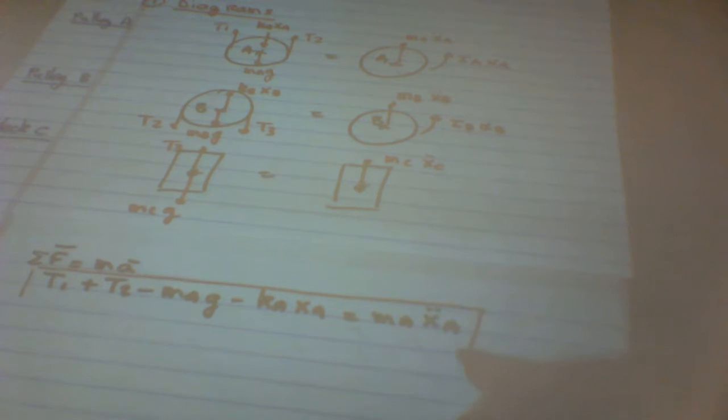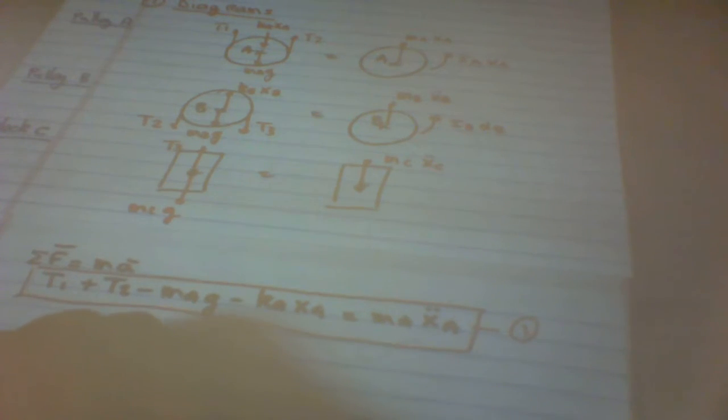We'll have T1 plus T2 minus M A g minus K A X A equal to M A X double dot A. That should be equation 1.